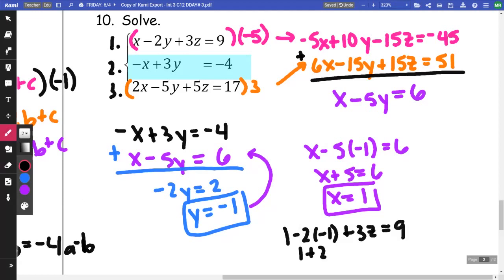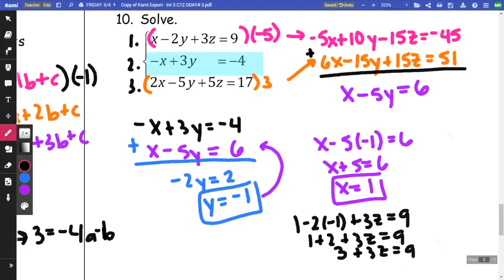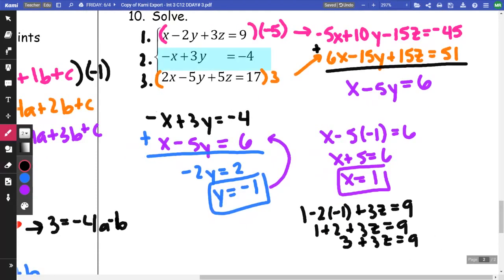So 1 plus 2 plus 3z equals 9. So 3 plus 3z equals 9. I'm going to subtract 3 from both sides. So I get 3z is equal to 6. So z is equal to 2.